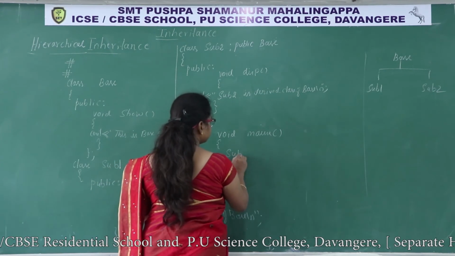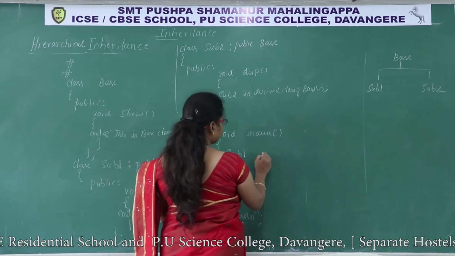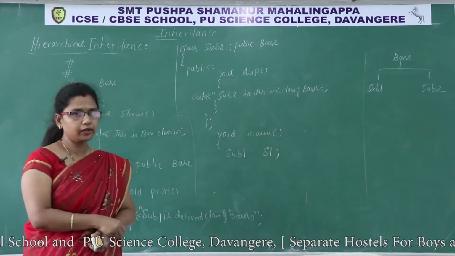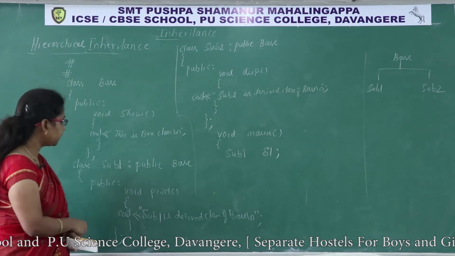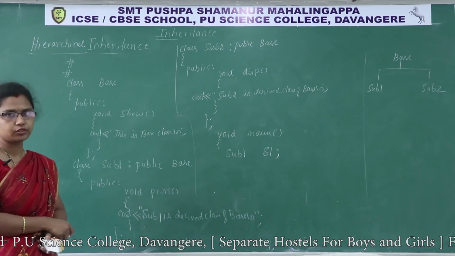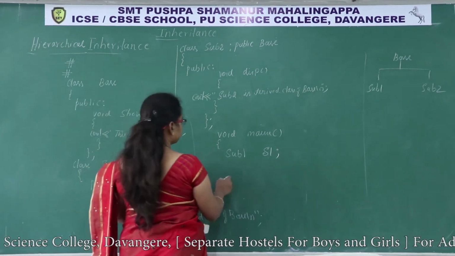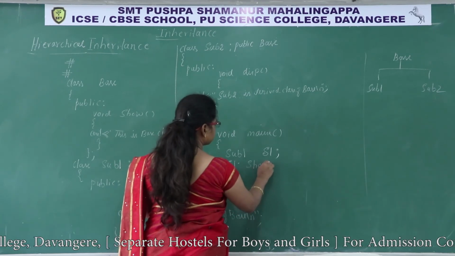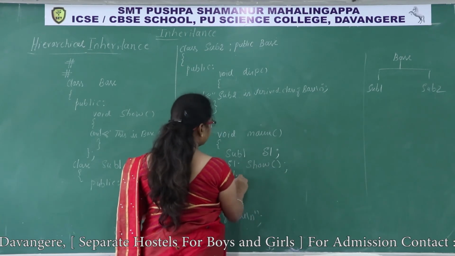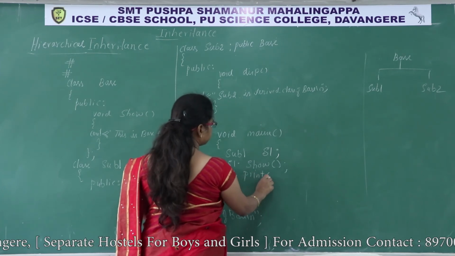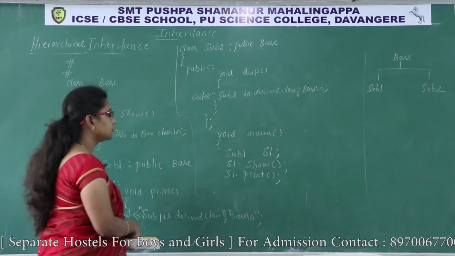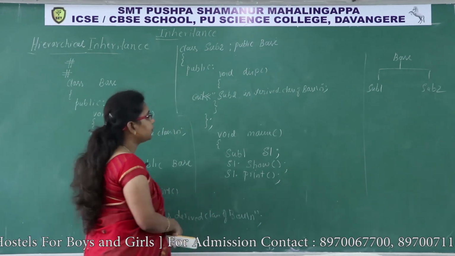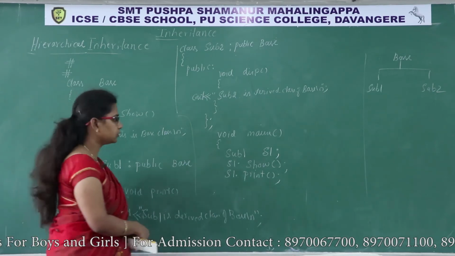Sub 1, object name I'll take S1. So S1 can access print function and also show function. S1 dot show, S1 dot print. Understood? Now I want to access disp function, so I must create an object for sub 2.